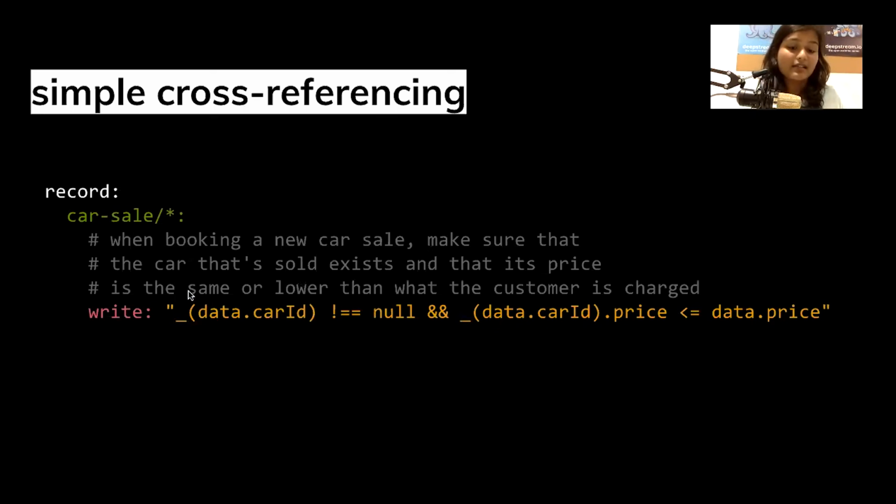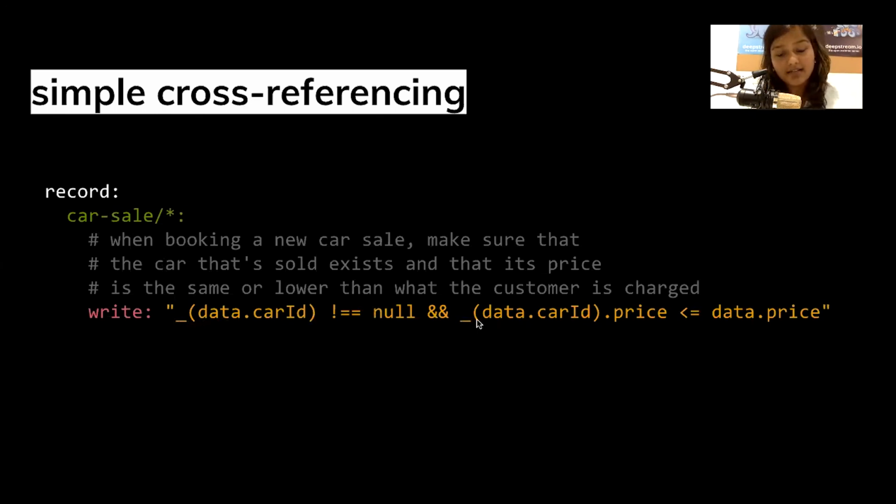Now my car's details are not present in this particular record. It's not present in car sale. So I can't make use of the variable names. So I would use cross referencing, and within this underscore and within the parentheses, I would write the name of the record which I want to reference, which in this case is the data.car ID. And I would check that that particular record exists first of all.